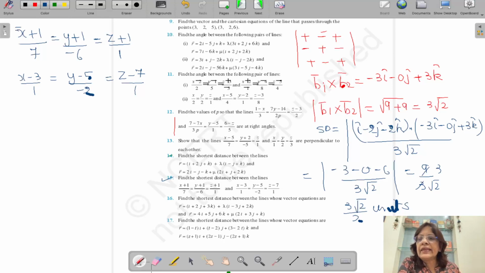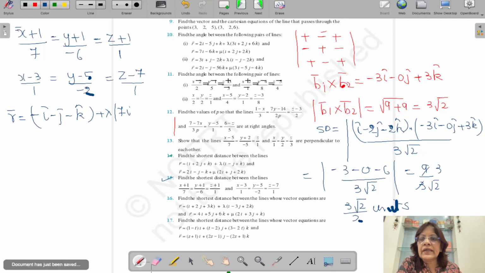So if I write it in vector form, the first equation will be r is equal to, what is the point over here? The point is minus i minus j, in the first case, plus lambda times 7i minus 6j plus k.